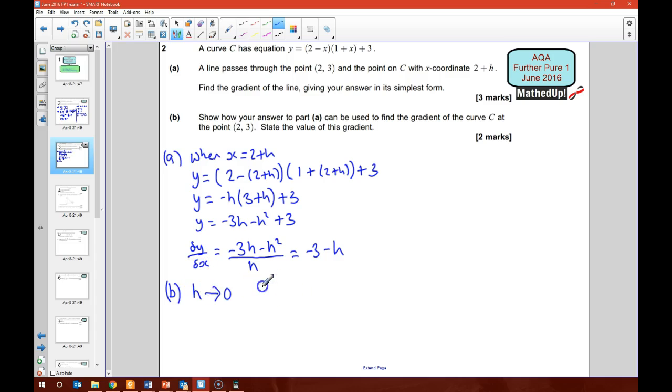And that would mean that my change in y divided by my change in x is going to approach, if h starts to approach 0, negative 3. So therefore the value of dy by dx is going to be equal to negative 3. That's going to be the gradient at that point.